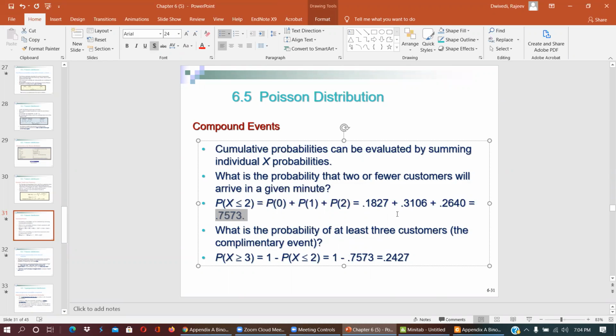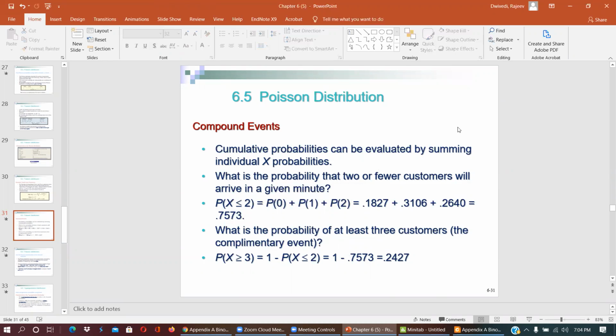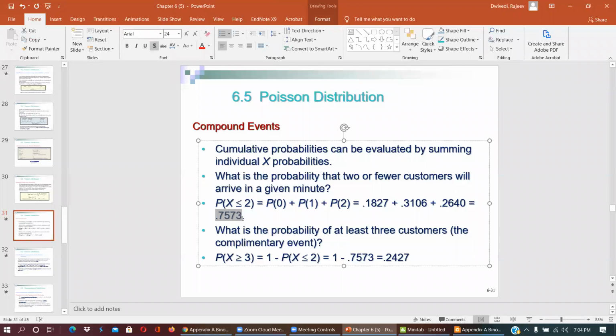So 3 customers means 3, 4, 5, 6, all. So what are we going to do? We are going to calculate up to 2, and then subtract from 1. So we already calculated up to 2, and 1 minus this value, which is 24%. Is it making sense?